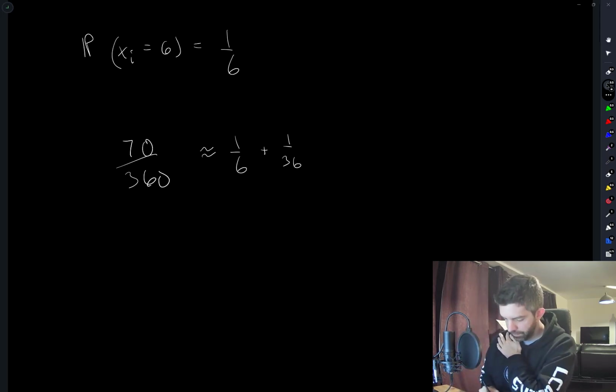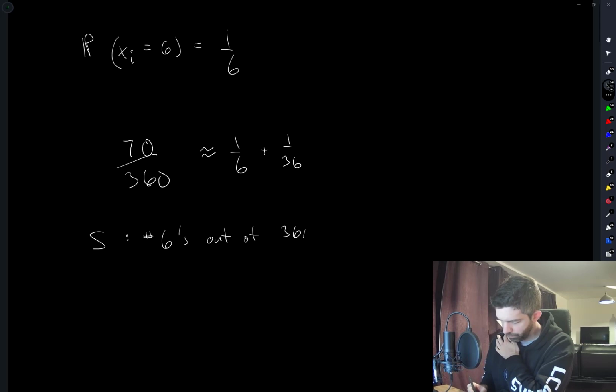Okay, so let S be the number of successes, or the number of sixes, out of 360 rolls.